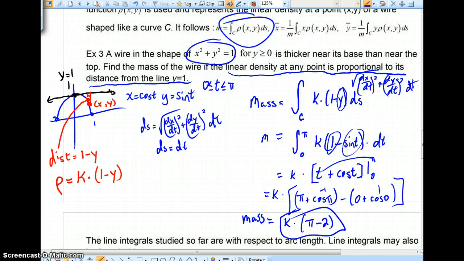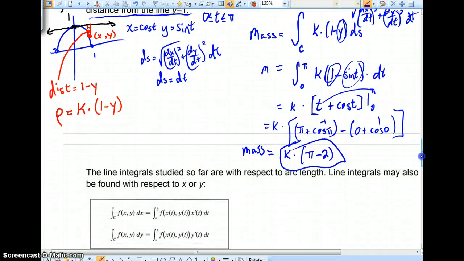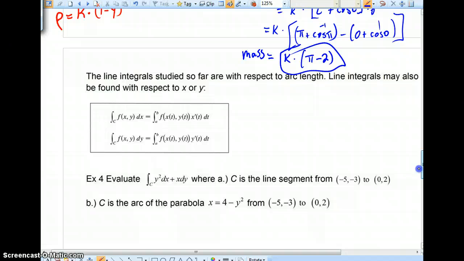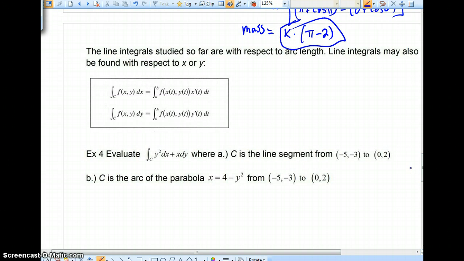And that's another application that we could have. Okay, well, we could at least get started talking about our final part of the lesson. The line integrals studied so far always were with respect to arc length, ds.